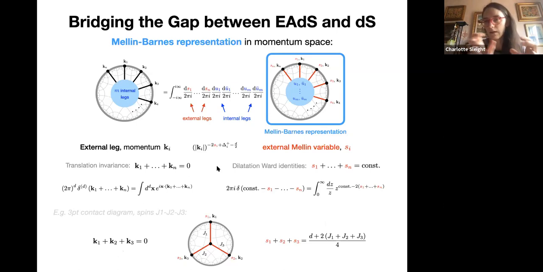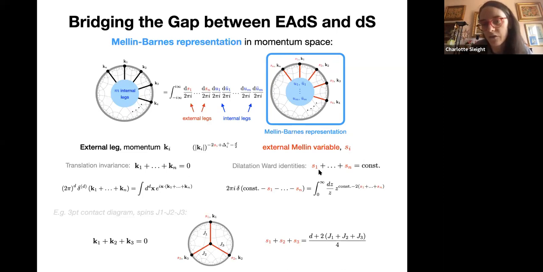By solving the conformal Ward identities, you know that your 3-point correlator has to be some integral over three Bessel functions. And because it's kinematics at the 3-point level, these Bessel functions turn out to be bulk-boundary propagators in the bulk. This is what we're doing here. These Mellin variables are the Mellin representation of these Bessel functions.